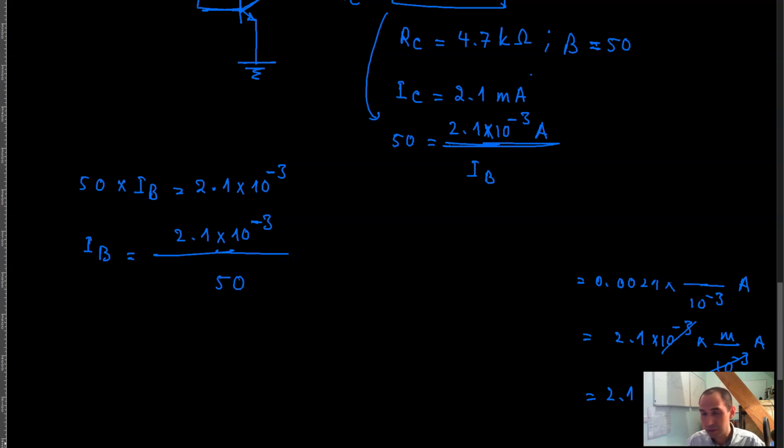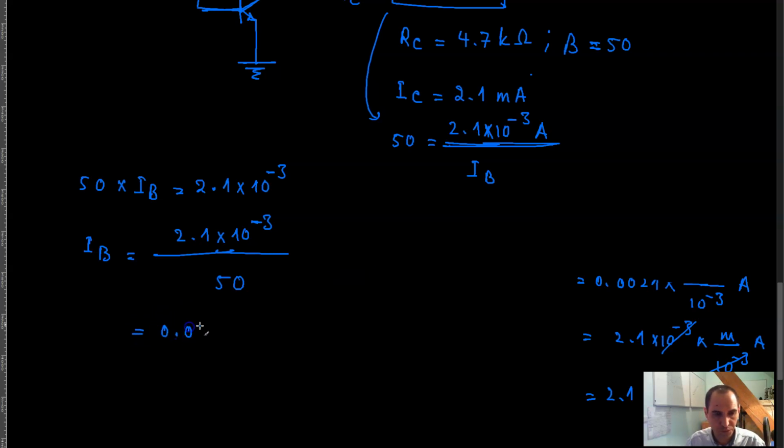So that means that whatever current is supposed to be flowing through your collector, the base current is going to be 50 times smaller, right? So now what is 2.1 divided by 50? That's 0.042.